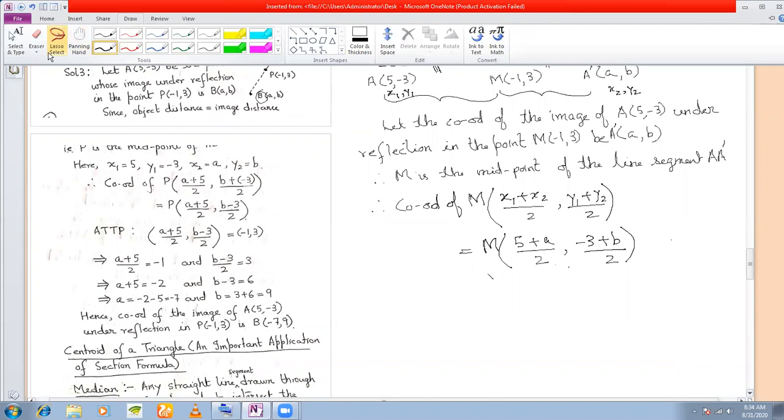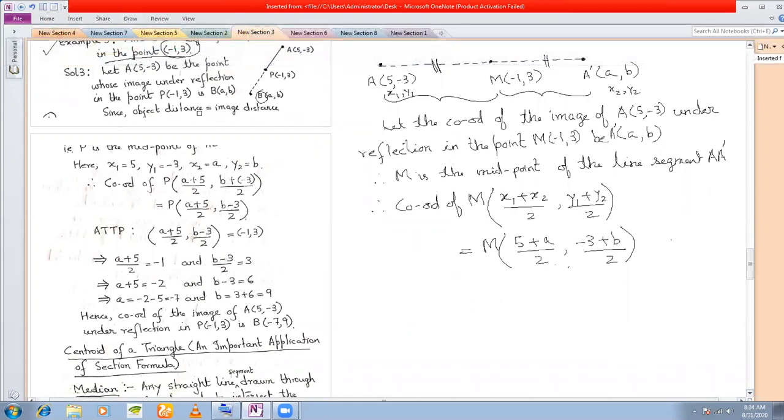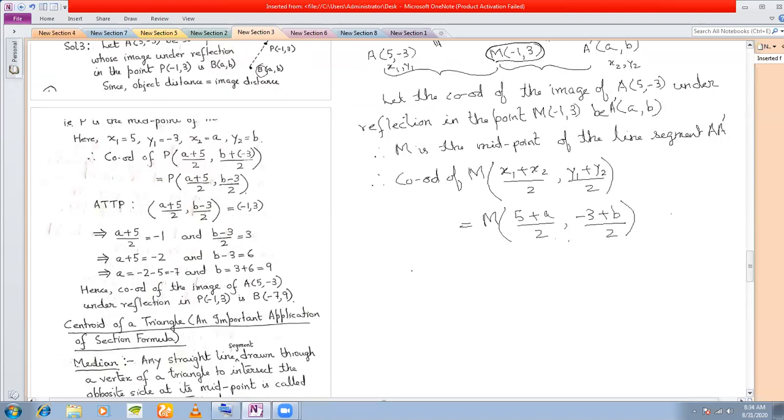But what are the coordinates of M given to you here? The coordinates of M are given as minus 1 comma 3. So therefore 5 plus A by 2 comma minus 3 plus B by 2 must be equal to minus 1 comma 3. So now we can get the value of A. That means 5 plus A by 2 is equal to minus 1, and minus 3 plus B by 2 is equal to 3.